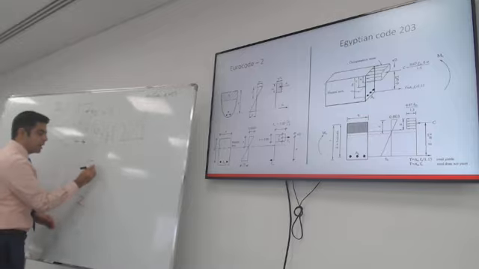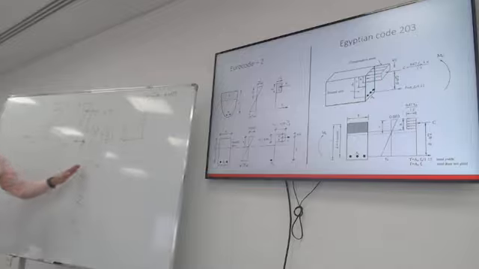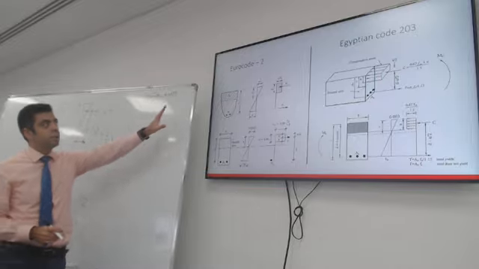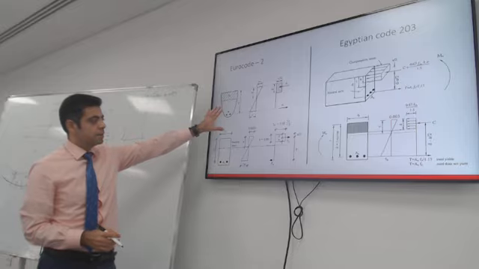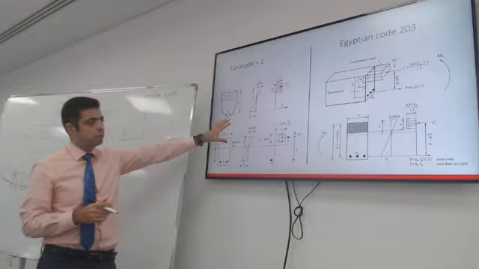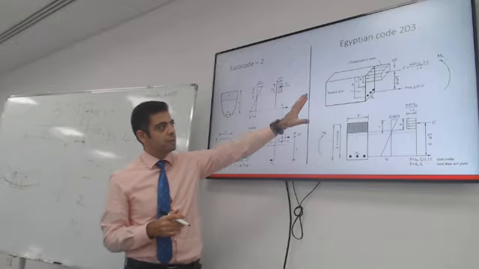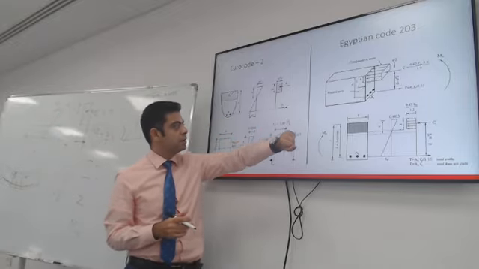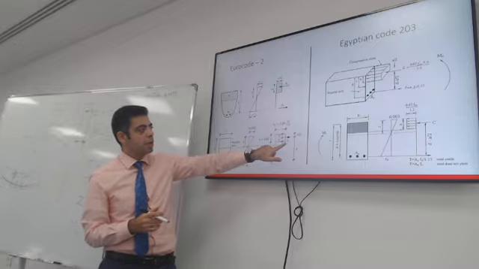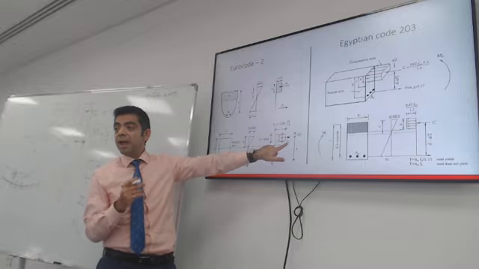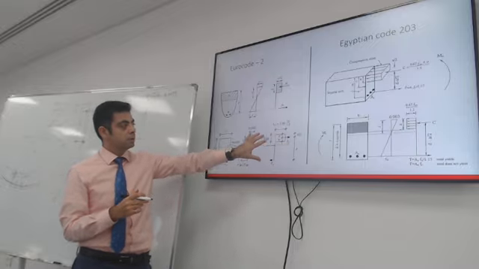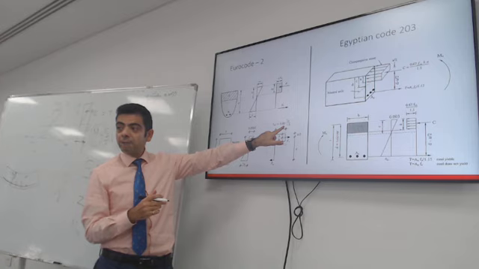Let's see how we calculate the compression block. Let's focus on the Eurocode, because this is the example that we will do in the tutorial, and then you can very similarly apply it using these equations. How much is the force FC? 0.85.